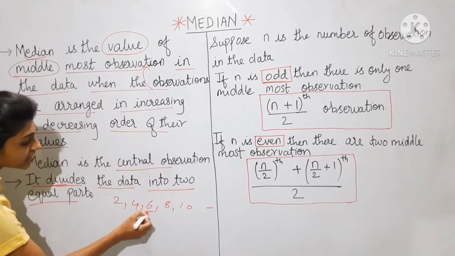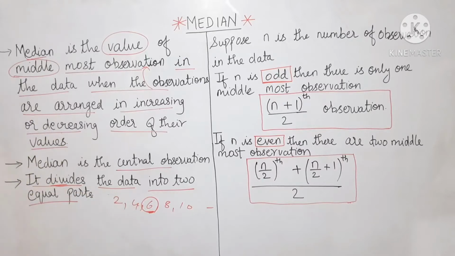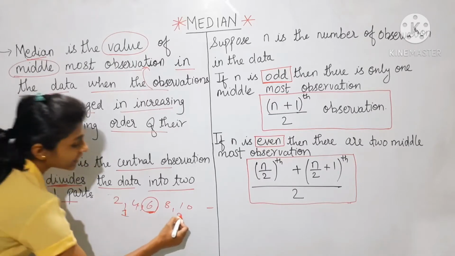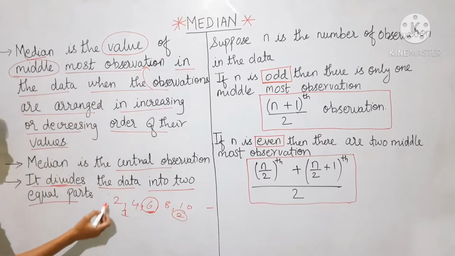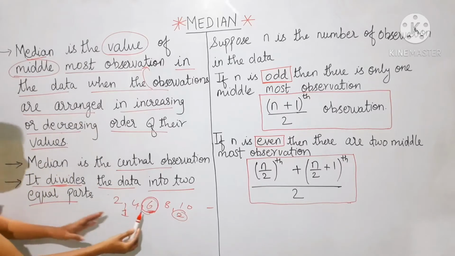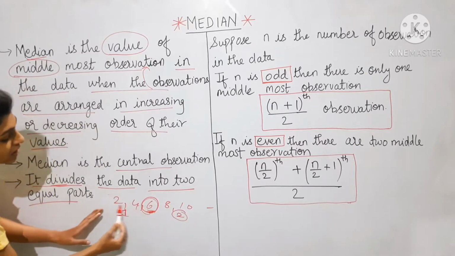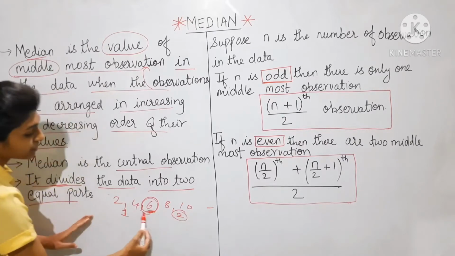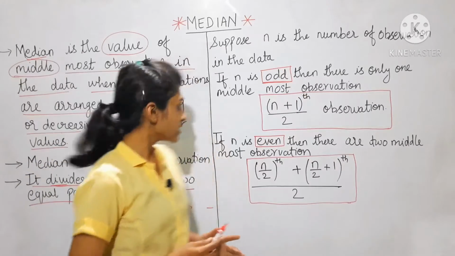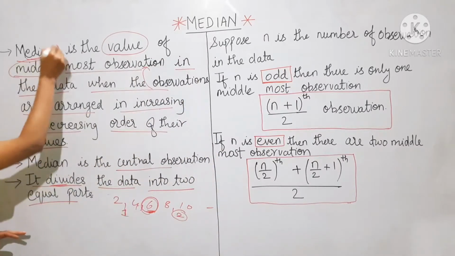Suppose I consider 6 as the median, so it is dividing the data into two parts. This is the first part and this is the second part. The middlemost value is 6, so 6 is the median, and the data is divided into two different parts. That is nothing but median.